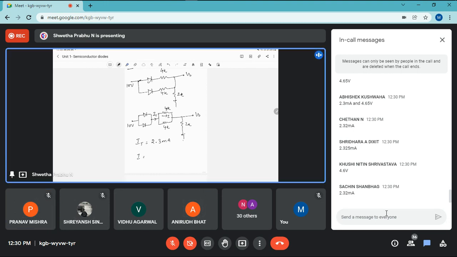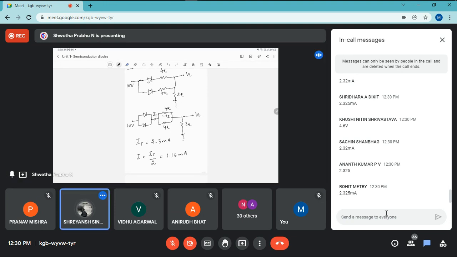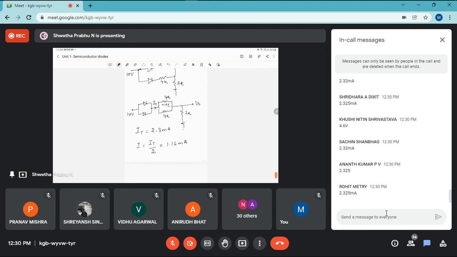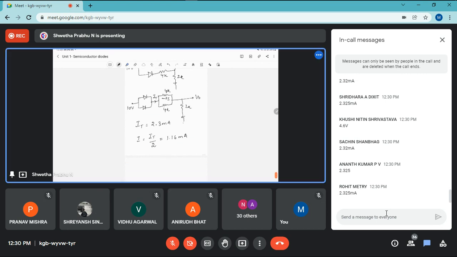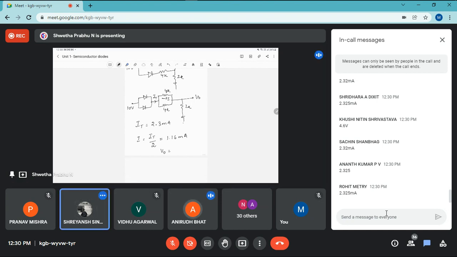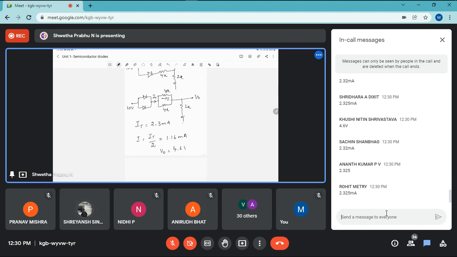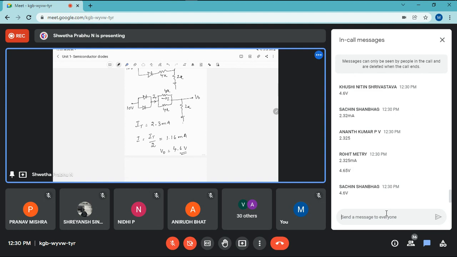With respect to the two resistances, the current gets divided. So this is I total divided by 2. Then this will become 1.16 milliamperes. So find the output voltage. How much will you get? 4.6 volts. Correct. Okay. This is the answer.